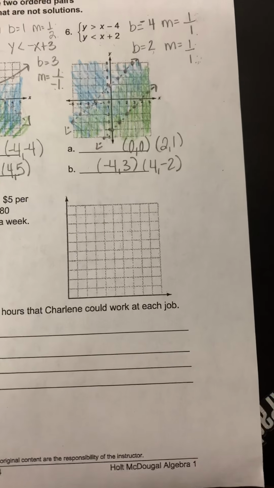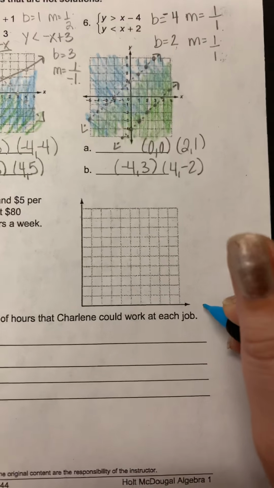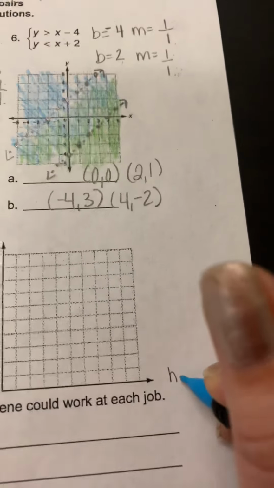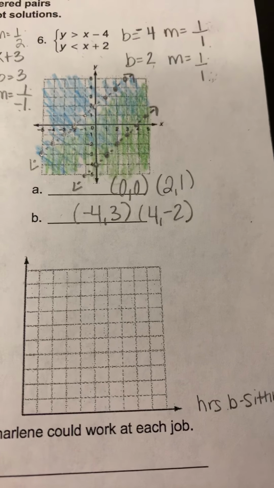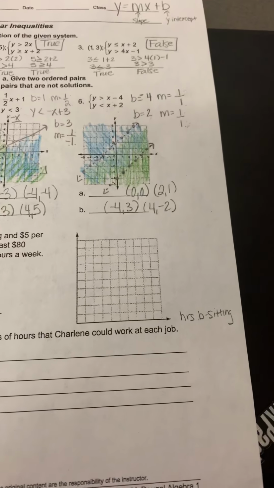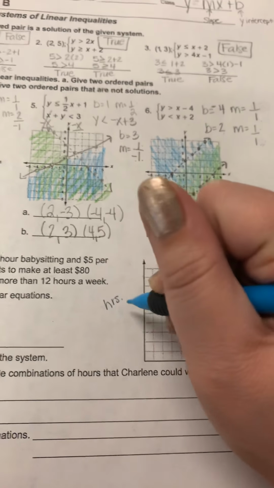And then before we forget, let's go ahead and put that on our X and Y axis here as well. So the X is our hours babysitting, and our Y are our hours gardening.